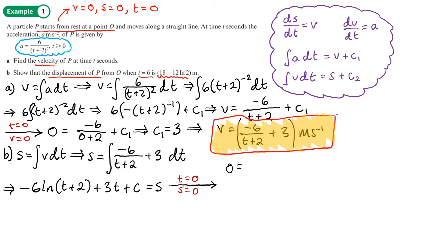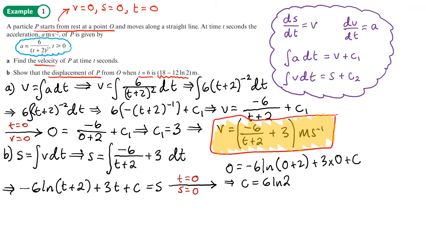So 0 equals negative 6 log 0 plus 2, plus 3 times 0, plus c. So from that, let's see, what do we get for c? That will cancel out. This will give me negative 6 log 2. So if I bring it over to the other side, it will be 6 log 2.